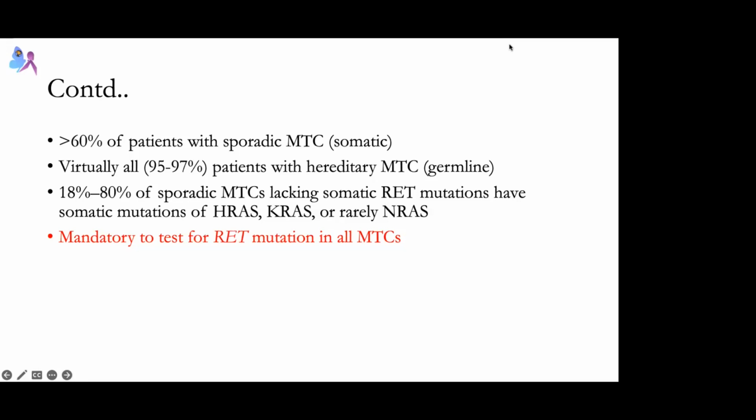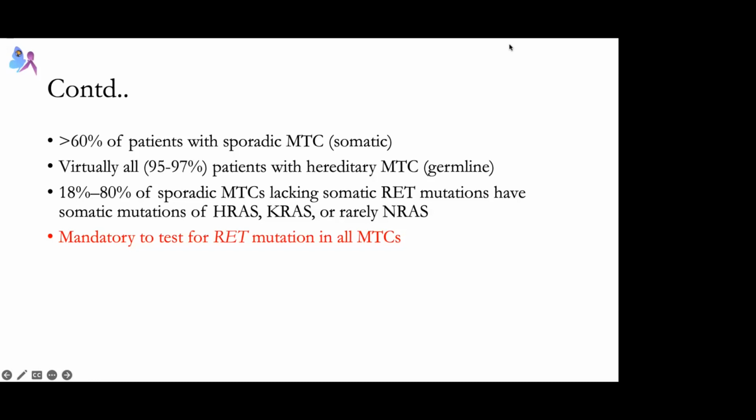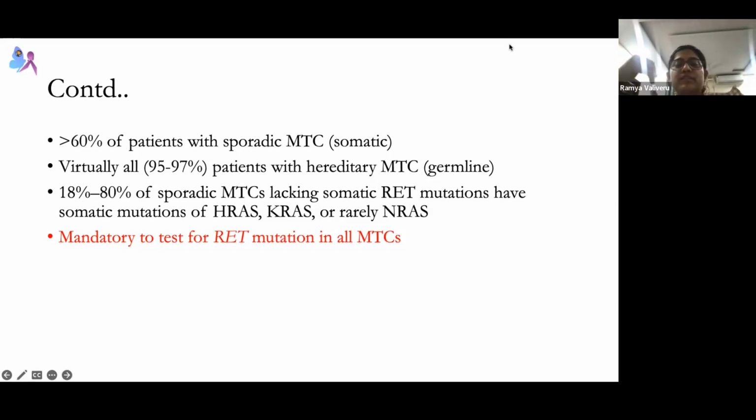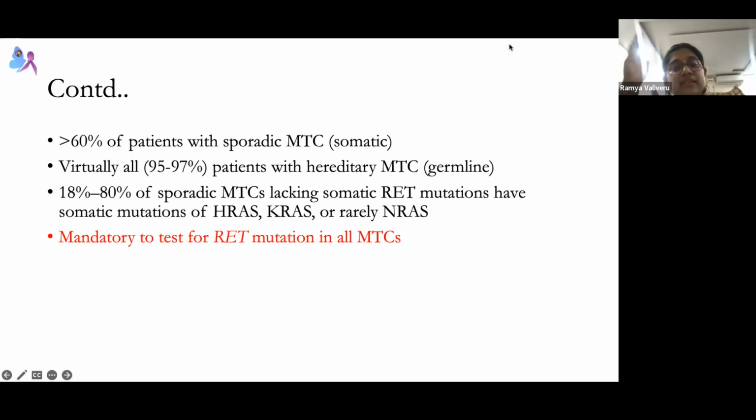Then M918T is most common, so it will be more aggressive. Yes, that is also one of the reasons. When matched for stage and age, somatic MTCs are more aggressive. They have a poorer prognosis compared to hereditary MTC because they harbor the M918T mutation, which is an aggressive mutation.